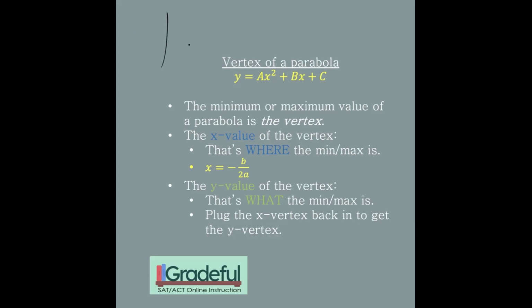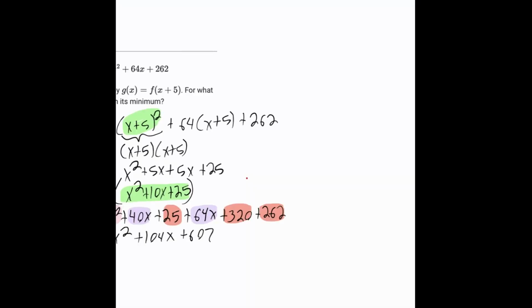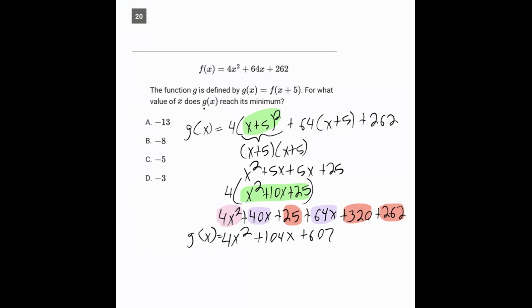So if you have an xy axis, the vertex is this point in a parabola. Now, the formula for it is negative b over 2a, but that's the x value. That's where you can find the min or the max. The y value is what the min or the max value is. And that would be what you'd get if you were to plug in that x value that you get when you use the formula.